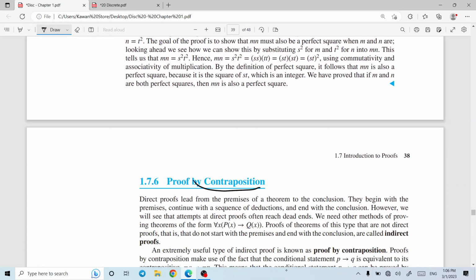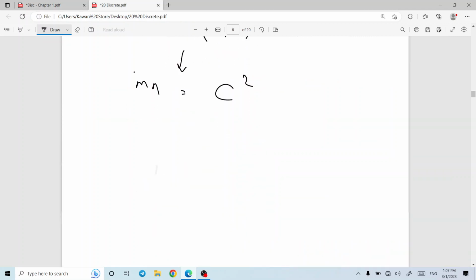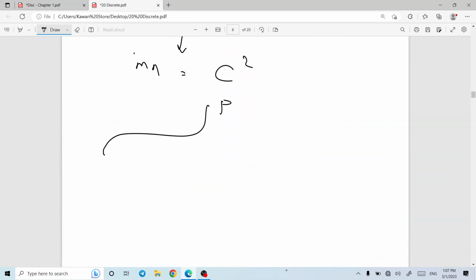Now we have contraposition and contradiction. We say that we have a direct proof. It was P then Q without any sub method.